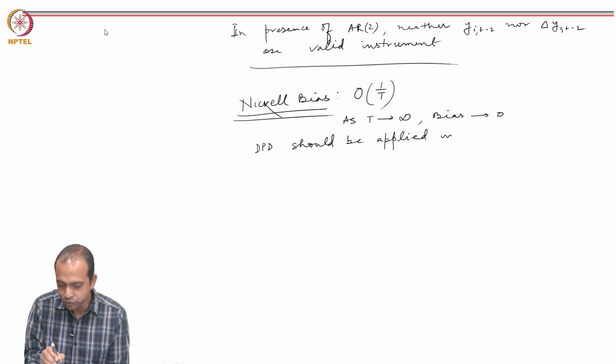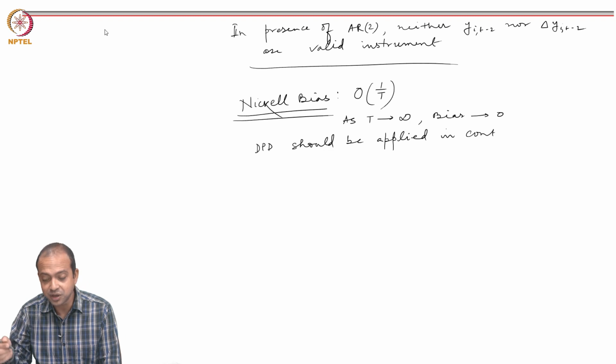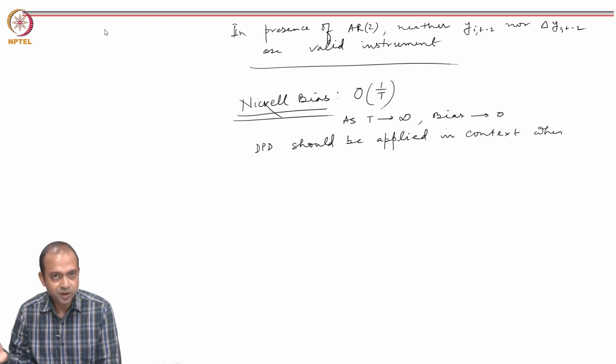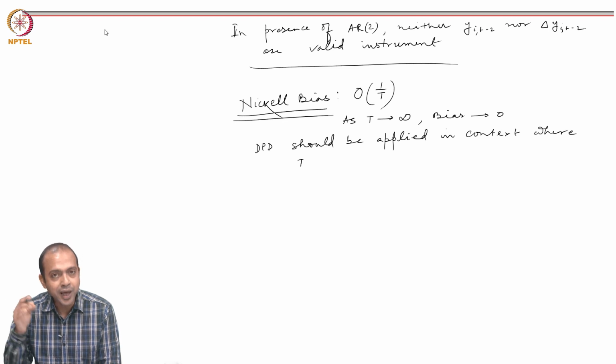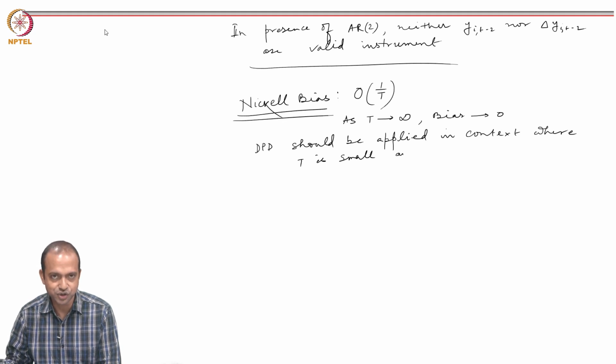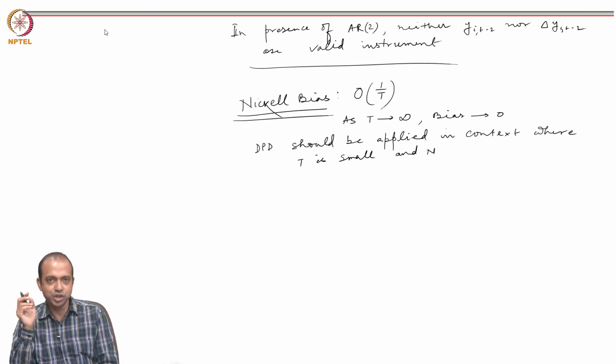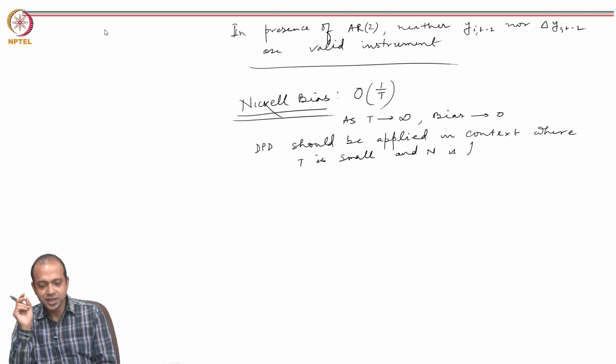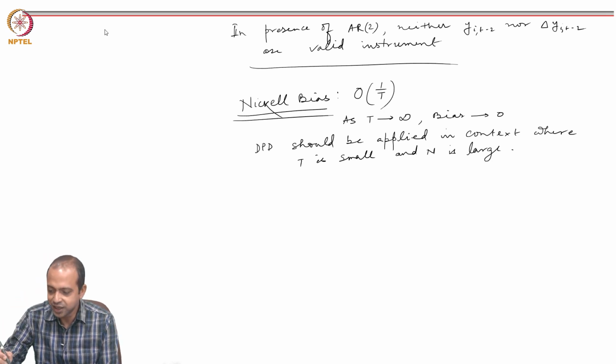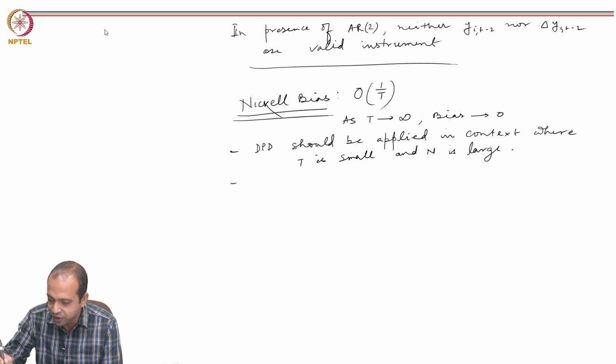That is also one thing we have to keep in mind. If T becomes large, then the bias will automatically vanish. We do not have to estimate the model using this complicated dynamic panel data estimation technique. So, that is one thing we have to keep in mind, that this is a situation wherein my T is actually small, N is large, that means we are talking about a micro panel.